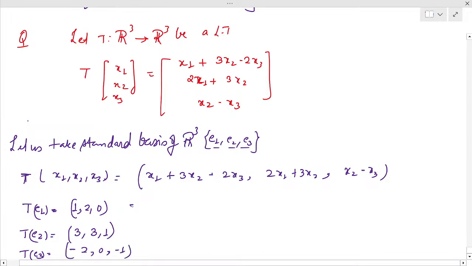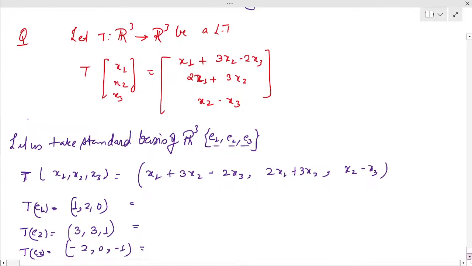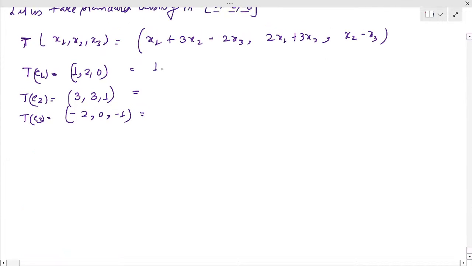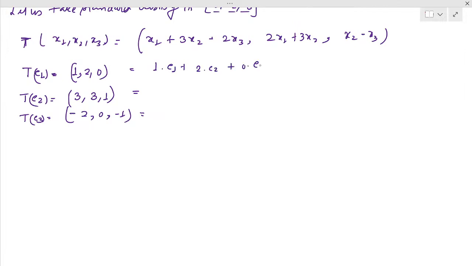And if I want to write it in the standard basis, what I'll get is: 1 times e1 plus 2 times e2 plus 0 times e3; 3 times e1 plus 3 times e2 plus 1 times e3; and minus 2 times e1 plus 0 times e2 plus minus 1 times e3.